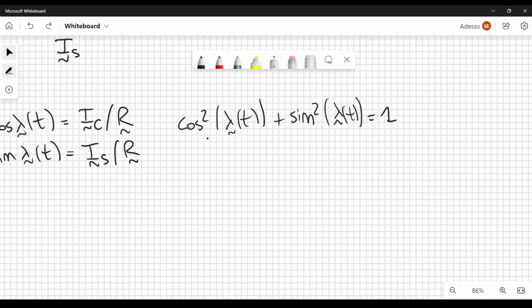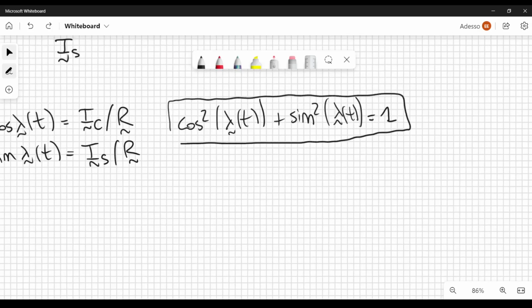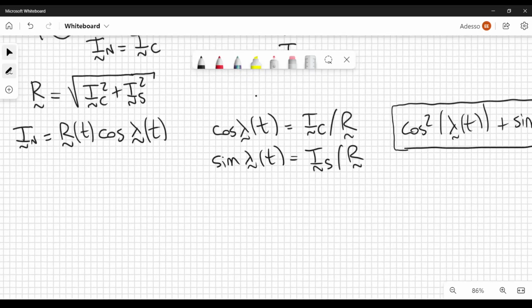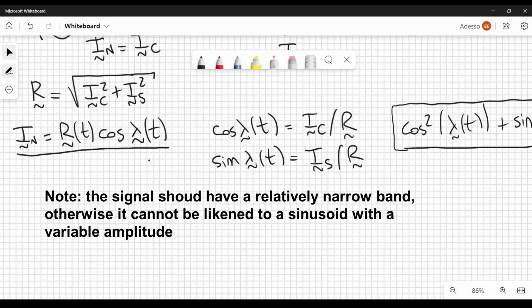And we have also proved that this trigonometric identity holds, and this is important. So we can define an angle lambda of t such that the cosine and the sine comply with these two relations. And then I sub n can be expressed in this form, like this, right?